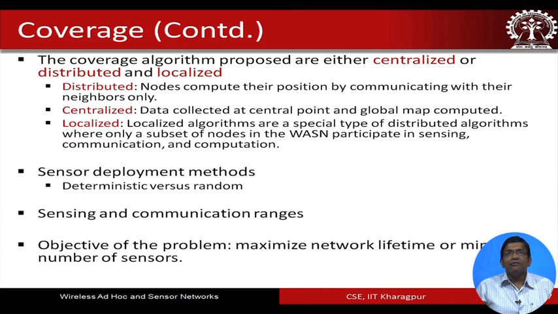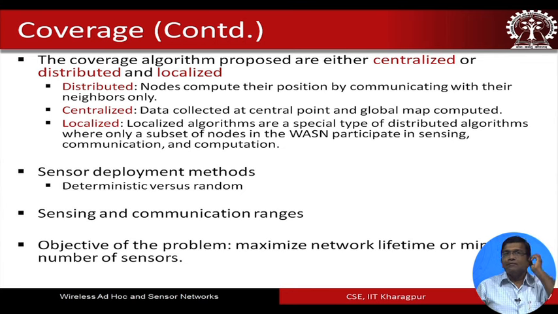And in the case of localized algorithms, there is a subset of the nodes in the sensor network that participate in sensing, communication and computation, and in a distributed fashion these nodes do these computations and ensure coverage of a particular region.